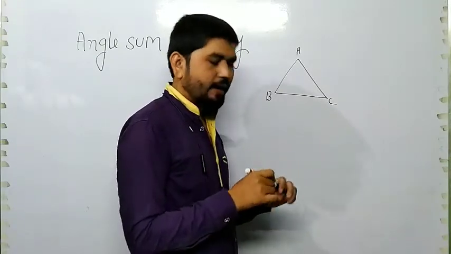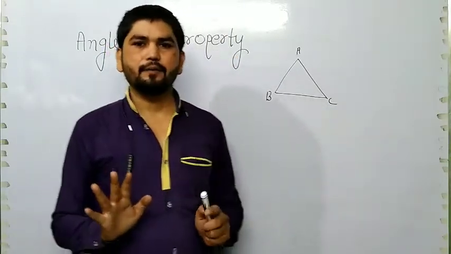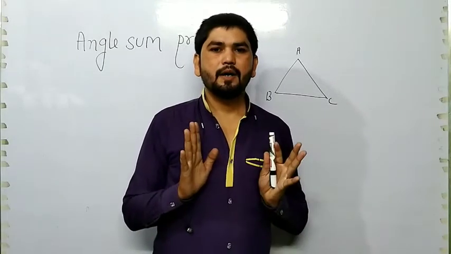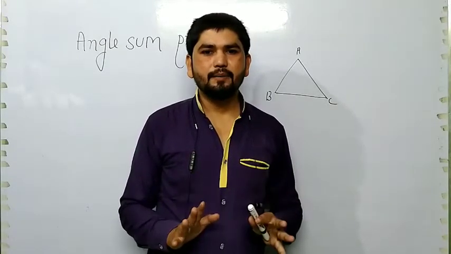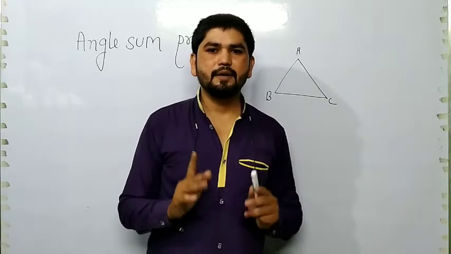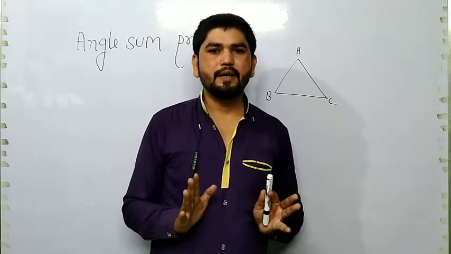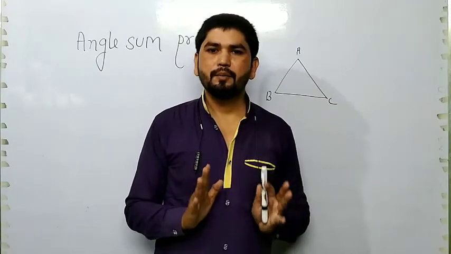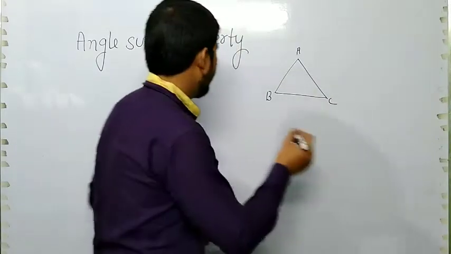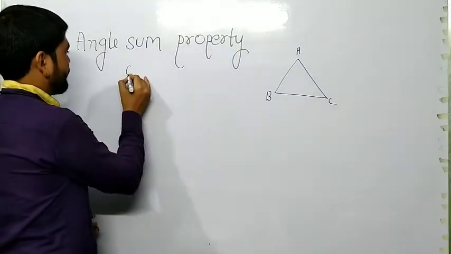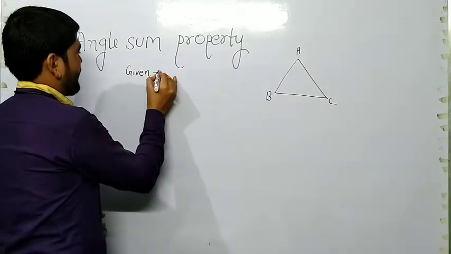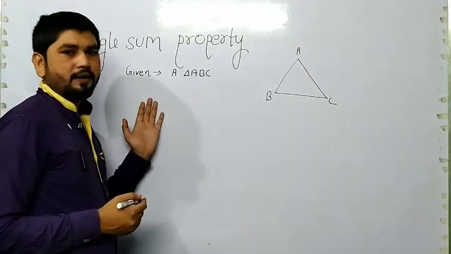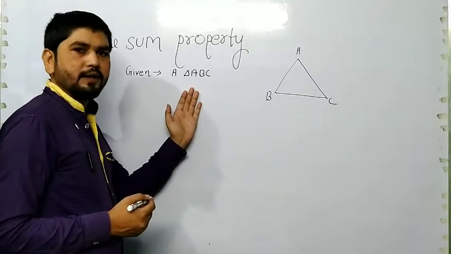Simply a triangle is given to you, nothing else is given, and you need to prove that angle A plus angle B plus angle C is equal to 180. So right here, given a triangle ABC.